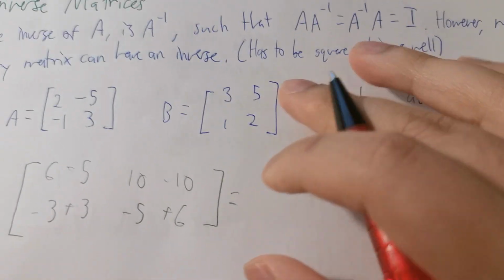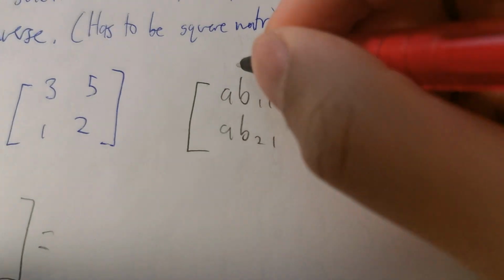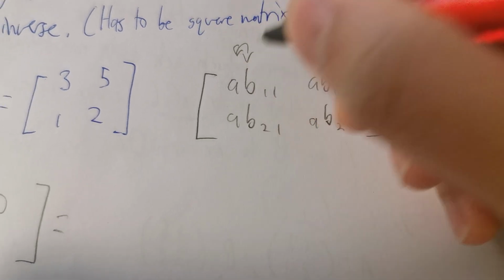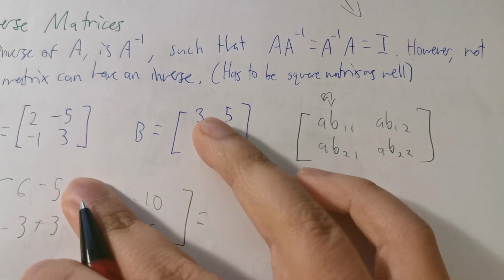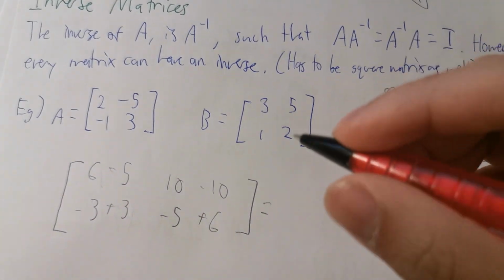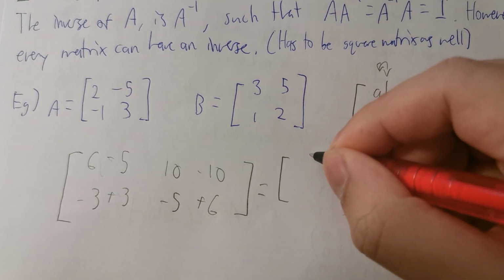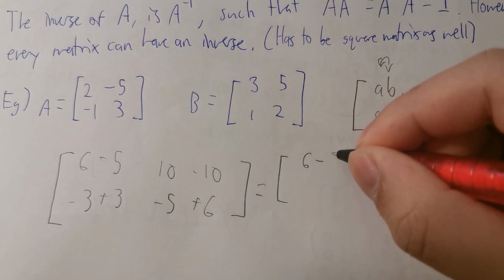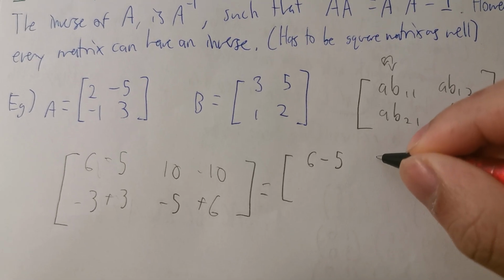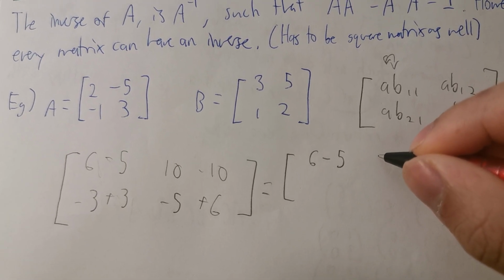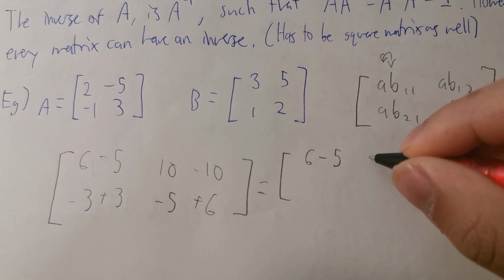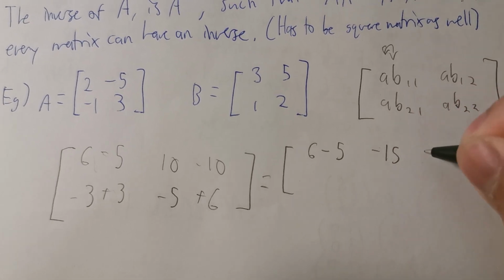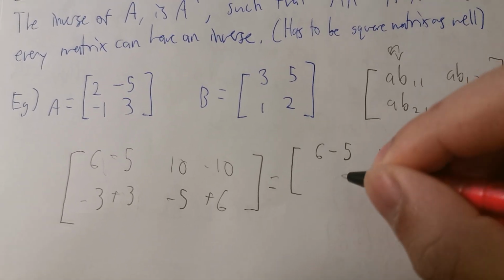Let's try to do the other way around now. Let's do BA. We're switching these around, so we're doing the rows from B and the columns of A, right? So that should give 6 minus 5. That should give minus 15 plus 15.